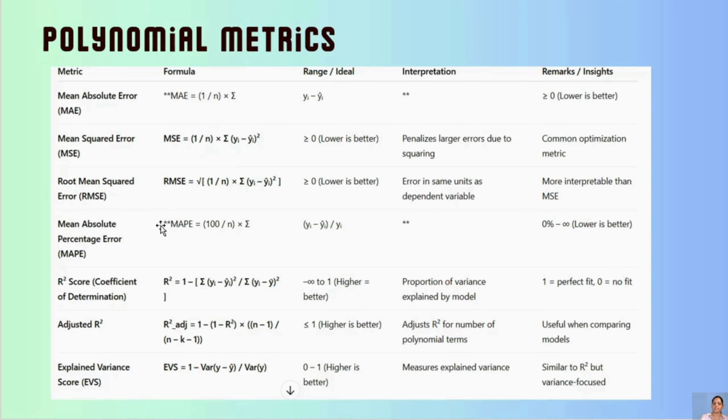Then root mean square error, it's the root of mean square error. Then mean absolute percentage error, which is going to be multiplied by 100. Then R square and adjusted R square. Then we have explained variance score or EVS, right? So all these are good to compare between different models.